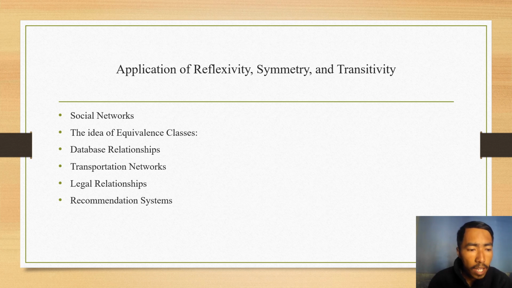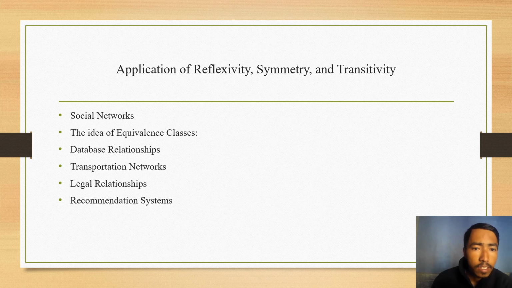Symmetric means if A is friends with B, then B is friends with A. Transitive can be stated as: if A is friends with B and B is friends with C, then A is often considered a friend of C.